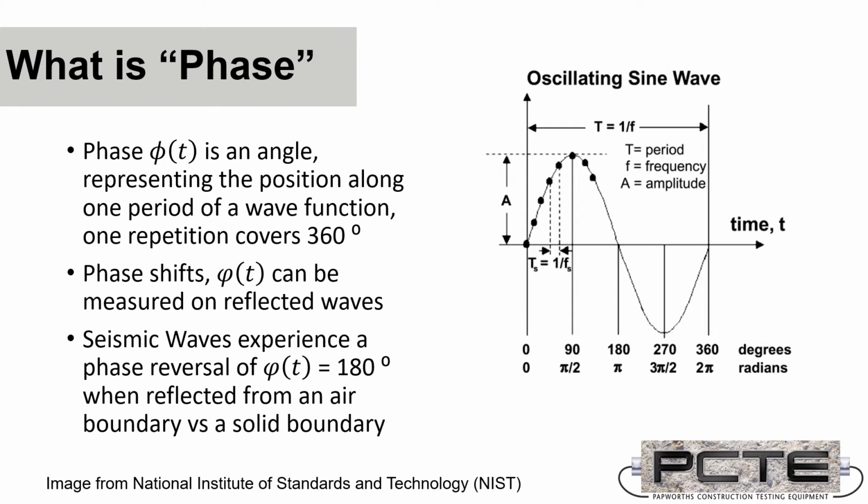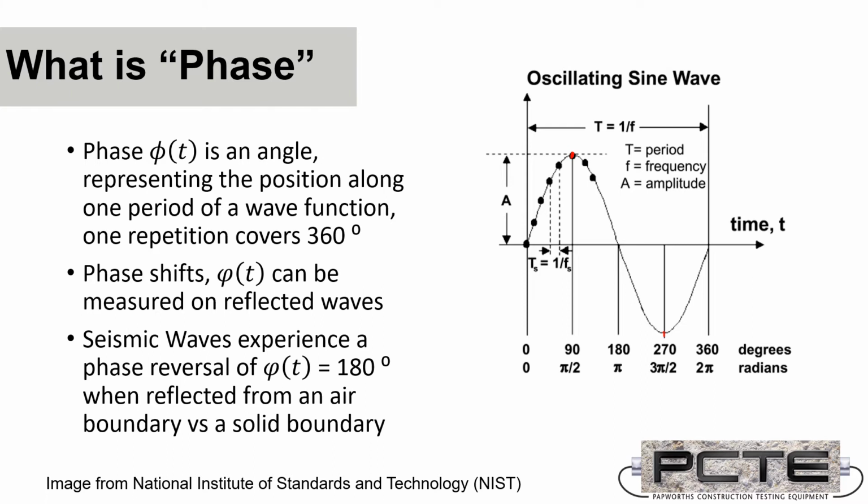When we talk about the phase of a waveform, it represents a particular position along a periodic waveform. So on the right-hand side, we have a sinusoid, a sine wave, and the phase is illustrated from 0 to 360 degrees, or 0 to 2 pi radians, along the whole cycle of one waveform, one wavelength. So 90 degrees at the most positive and 270 at the most negative.